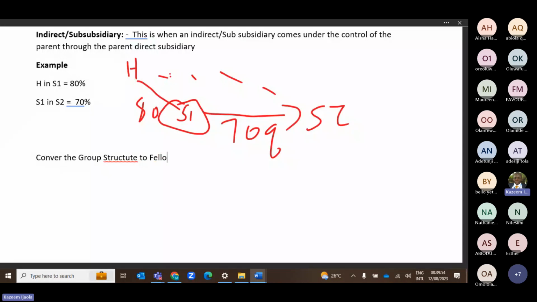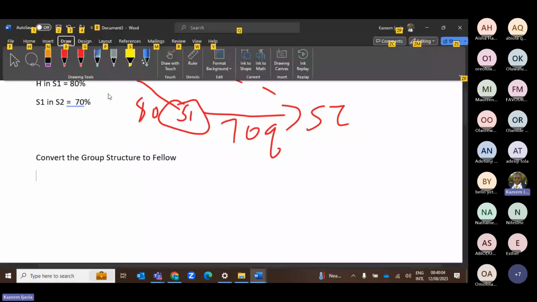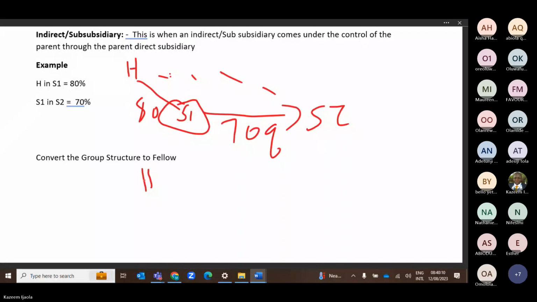What H owns in X1 is 80, then what H will now own in S2 is 80 of 70, which gives us 56. So that is exactly what you do under indirect subsidiary.